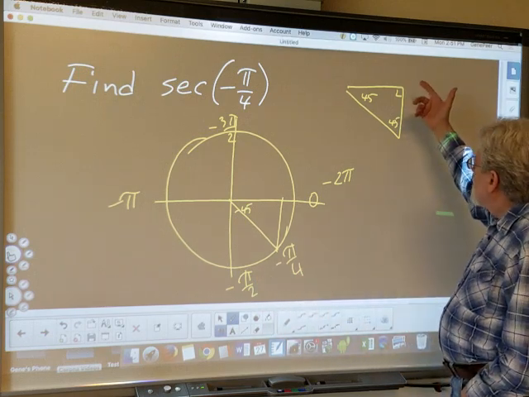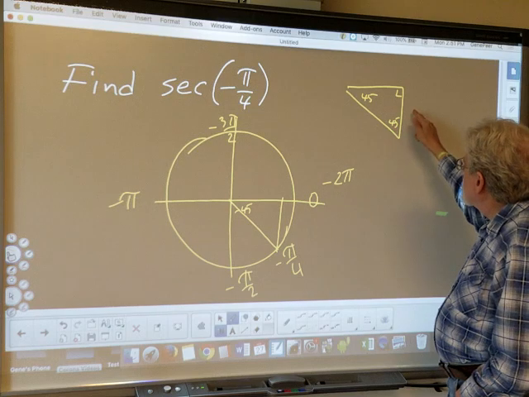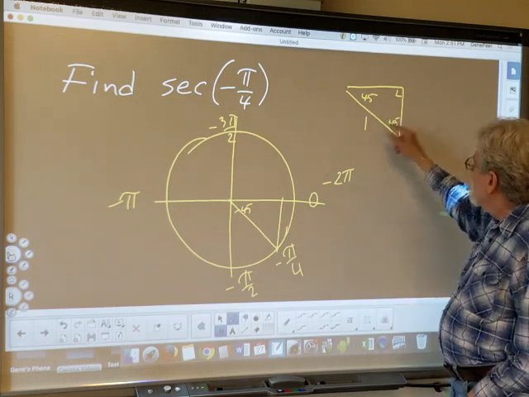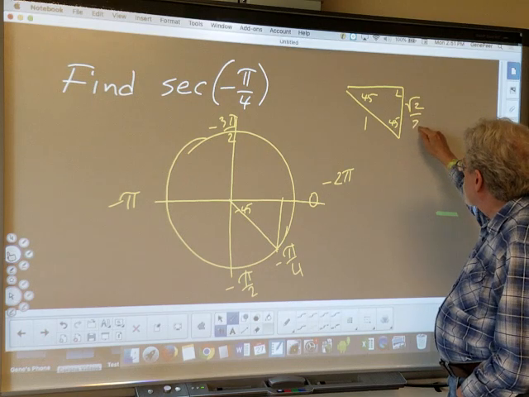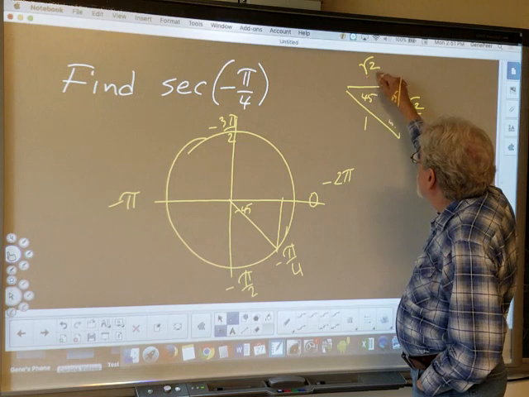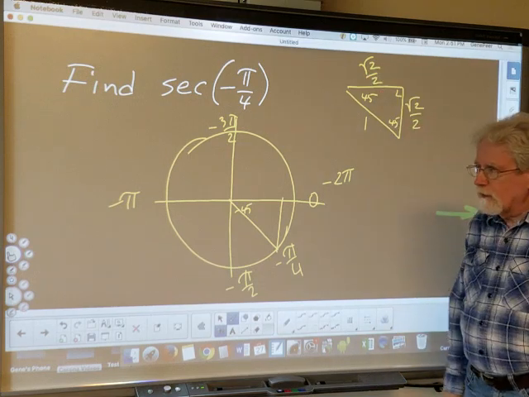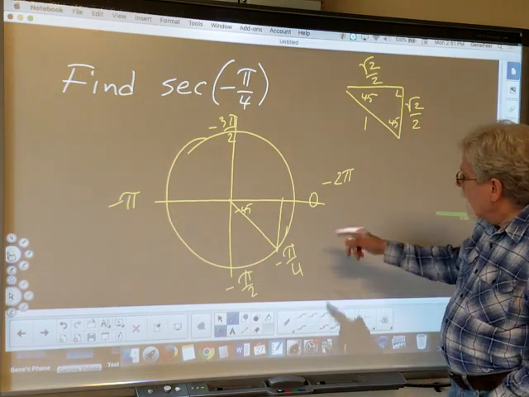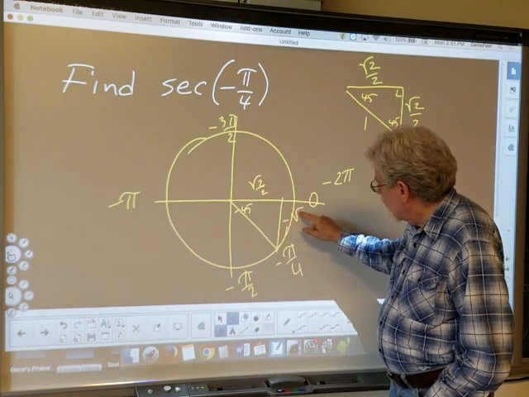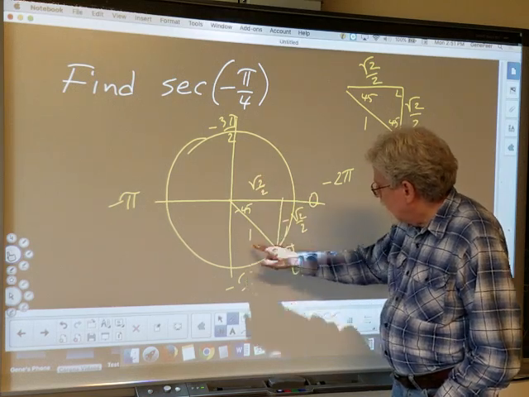But anyway, in a 45-45, if this is 1, assuming a unit circle, then this will be square root of 2 over 2, and likewise square root of 2 over 2, because it's going to be isosceles. Square root of 2 over 2, and negative square root of 2 over 2, and 1.